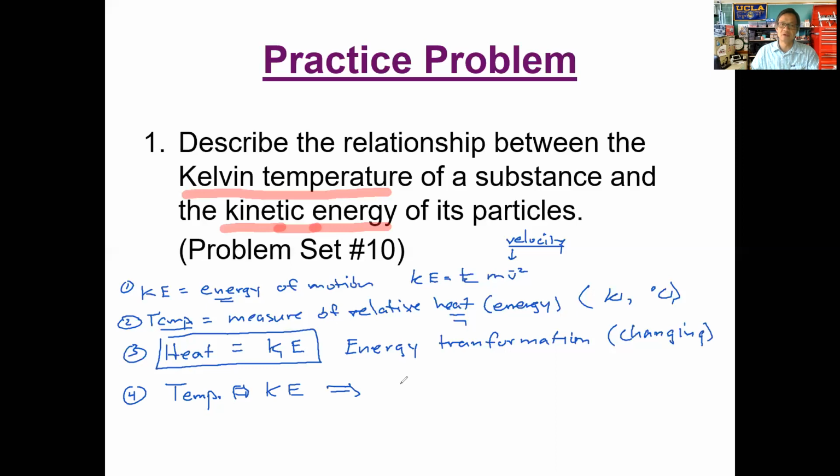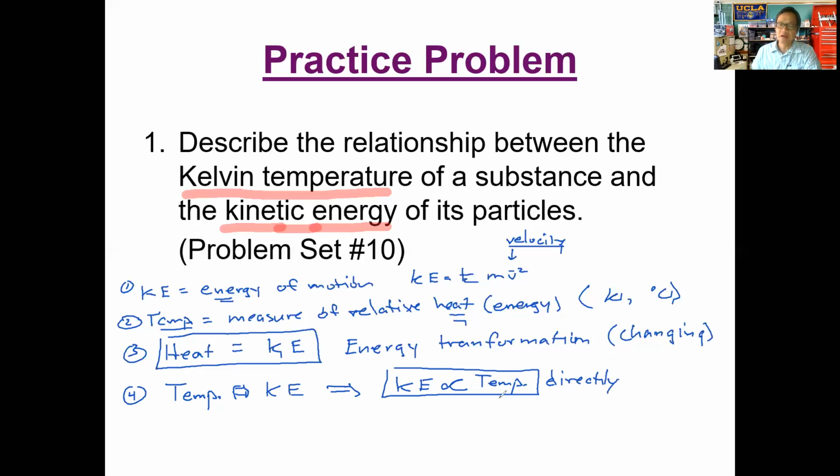We can express this relationship in terms of a proportionality, using this proportionality symbol. We say that the two are directly related. What does that mean? It means as one goes up, the other one goes up.